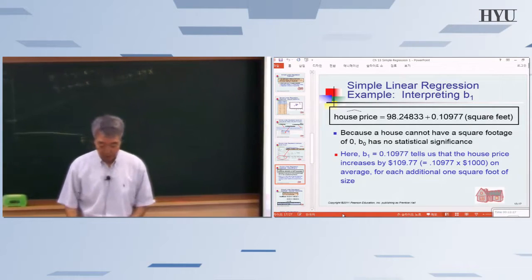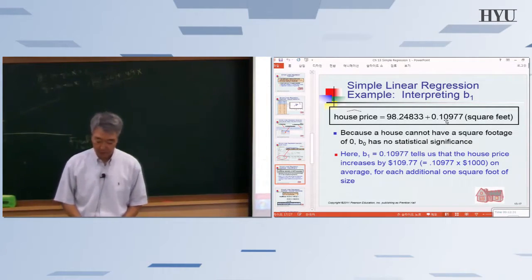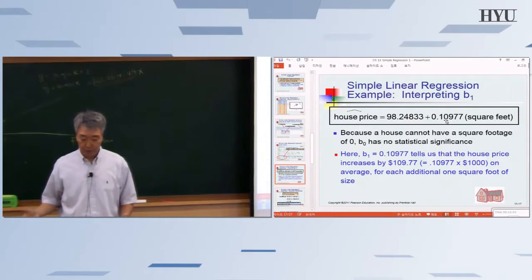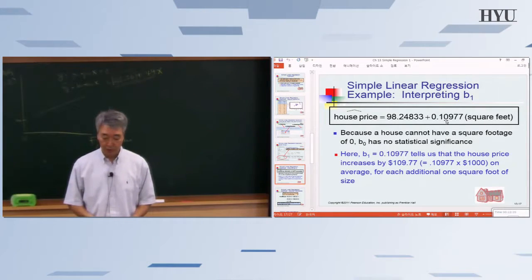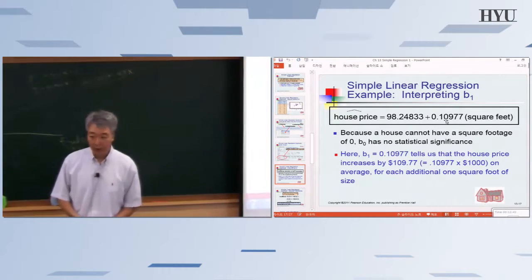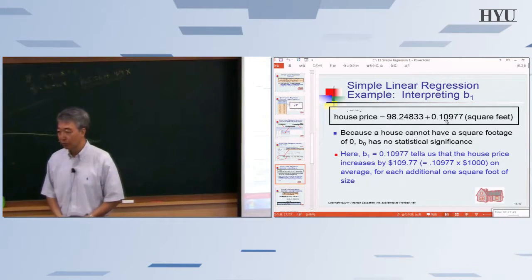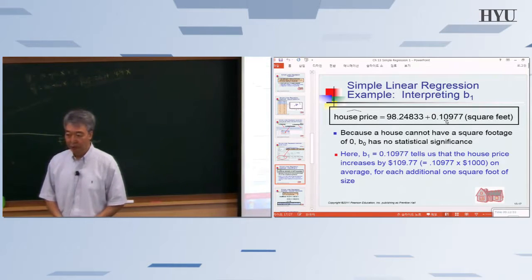Here we have 98 plus 0.10977. So in case you have a house with, say, 2,000 square feet, then you want to know what will be the price of this house, on average, in the market.